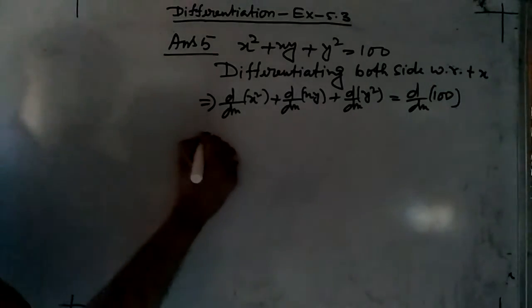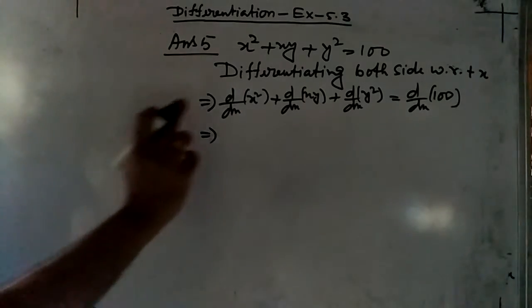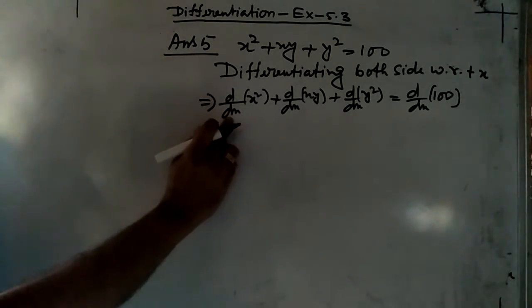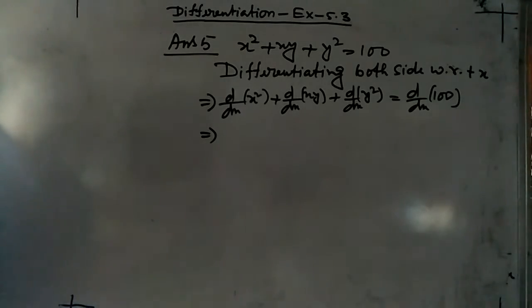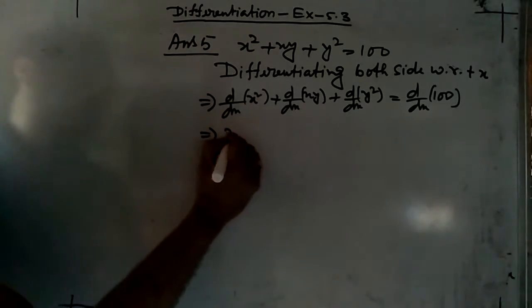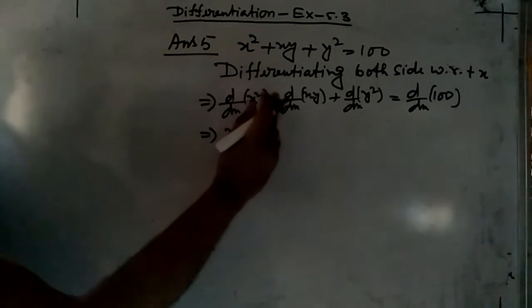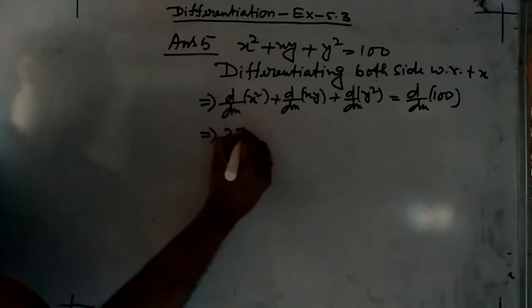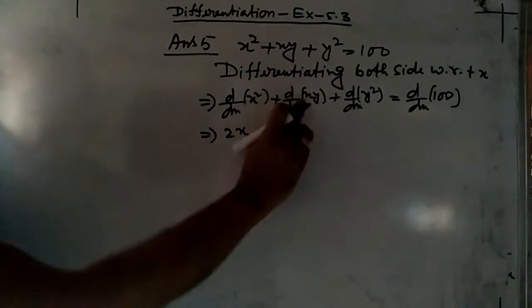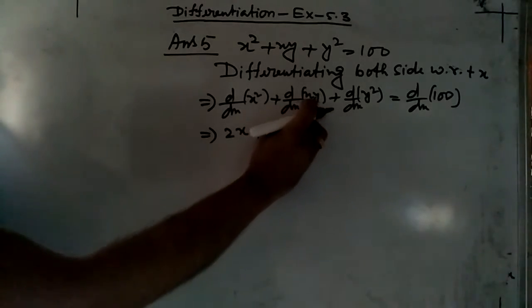Right? Now derivative of x square with respect to x we can write using the formula: derivative of x to the power n is n x to the power n minus 1. So derivative of x square will be 2, x to the power 2 minus 1 is 1, so 2x plus, here product of two functions x into y.